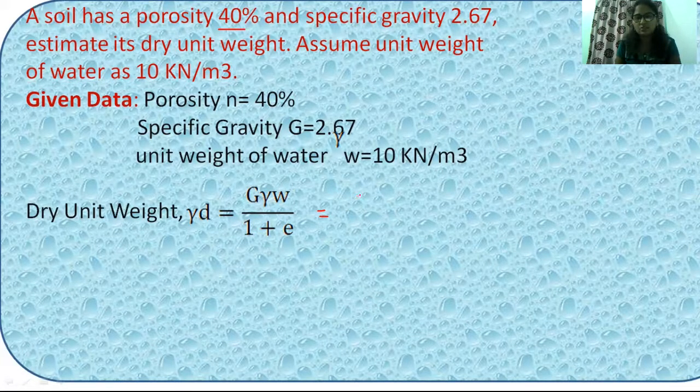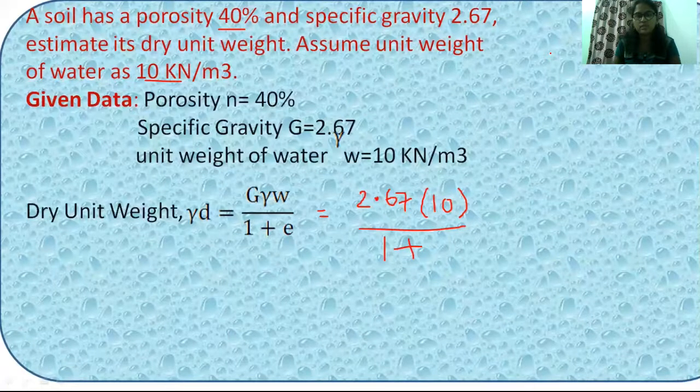G is equal to 2.67, into the unit weight of water already given in the problem, 10 kilonewton per meter cube, divided by 1 plus void ratio value. Now we can calculate void ratio E. Here void ratio value is not given, but porosity value is given. Depending upon that we can calculate it.